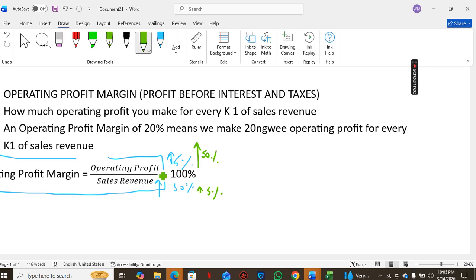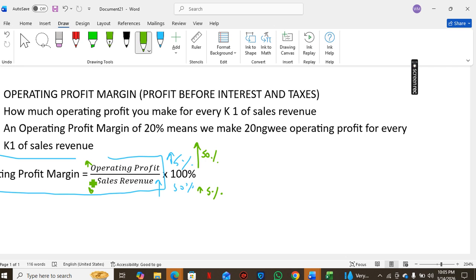If your sales revenue drops, colleagues, also this is another aspect I never mentioned when we looked at gross profit margin. If your sales revenue drops and your operating profit increases, okay, whichever has got the big change will affect.